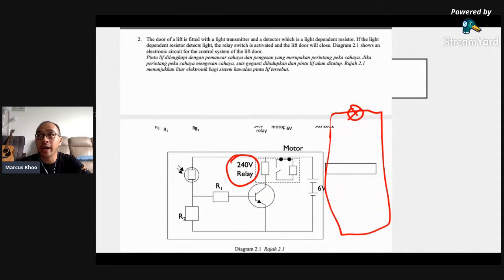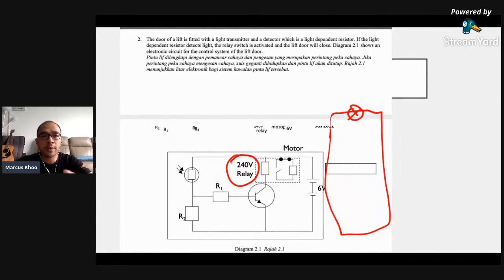In our house, there are actually a lot of relay switches. If you want to know what a relay switch looks like, please Google the picture. Then you'll say, oh, so this is a relay switch. Please take note of that.